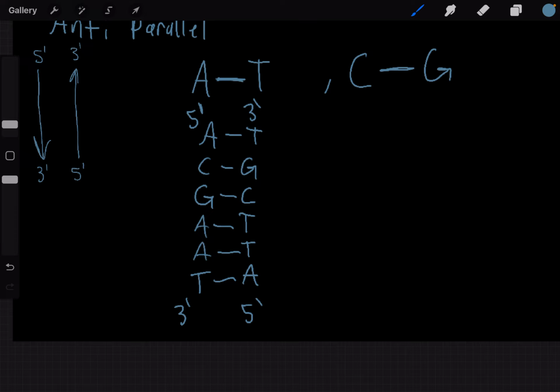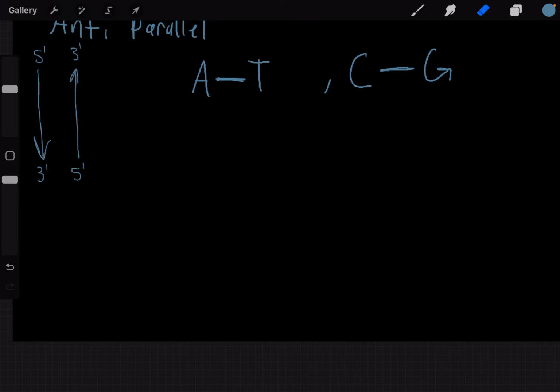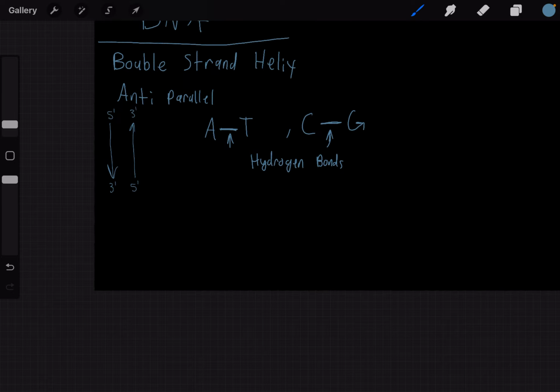The bonds between them, these bonds right here, are hydrogen bonds.